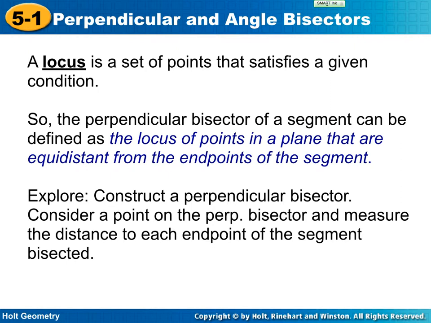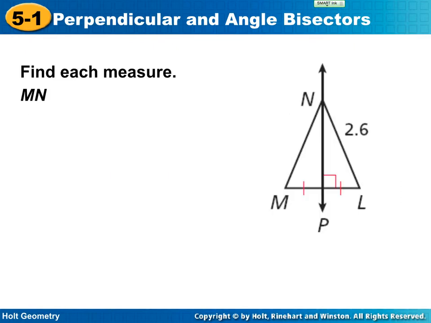All right, so I showed you how to construct it. We've done that construction before. Let's see if you can apply those theorems and tell if it's the theorem or the converse. Find the measure of MN. How long is segment MN? 2.6. Is this the perpendicular bisector theorem or the converse of the perpendicular bisector theorem?